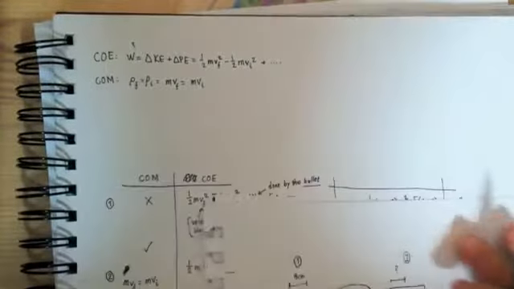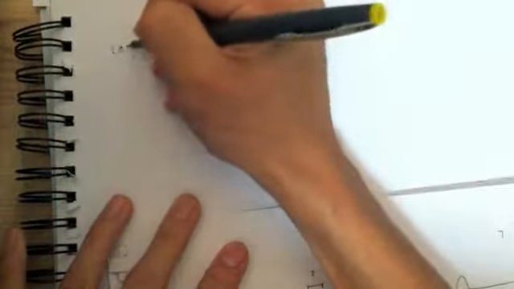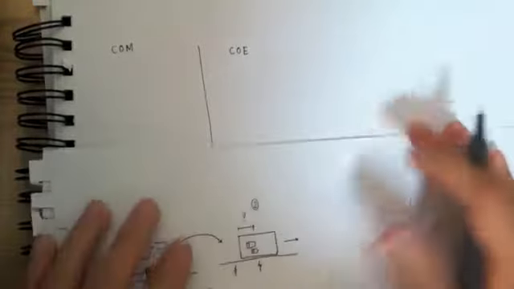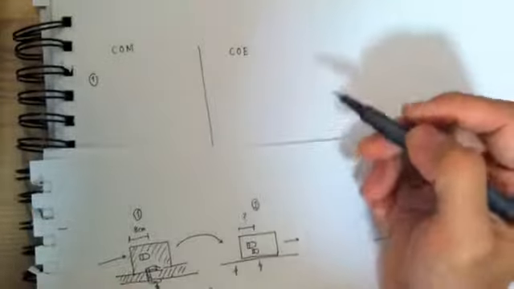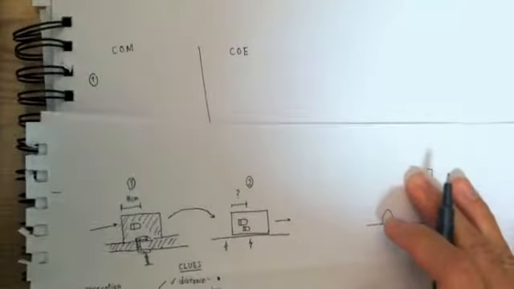Cool. So if we were to take a look at this particular problem in terms of both of them, we would have to write out conservation of momentum and conservation of energy. Looking at this drawing right here, in scenario 1, is there conservation of momentum? Or can we use it to our benefit?